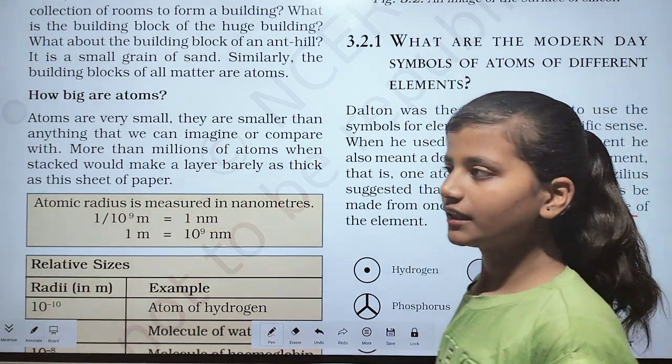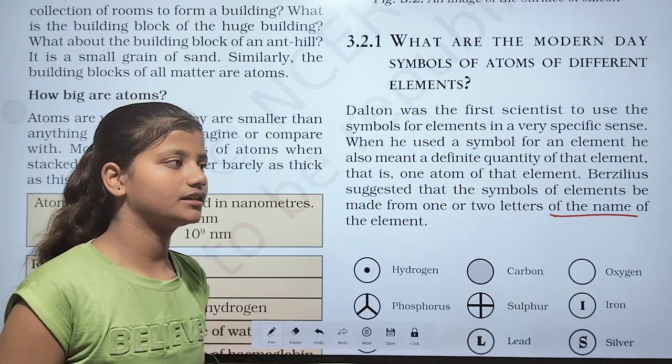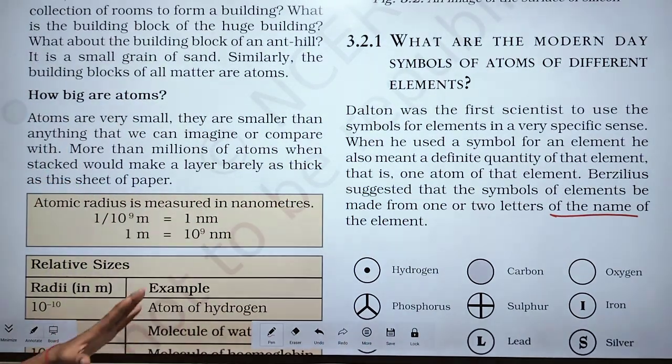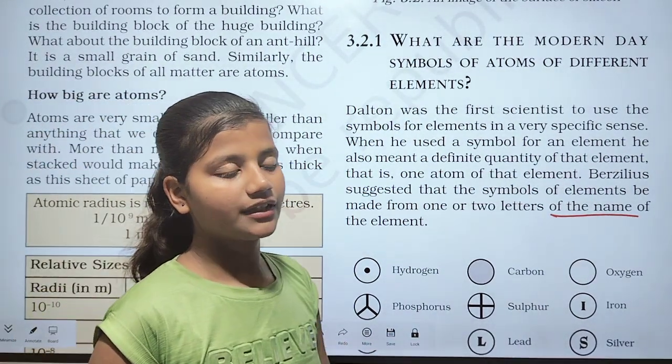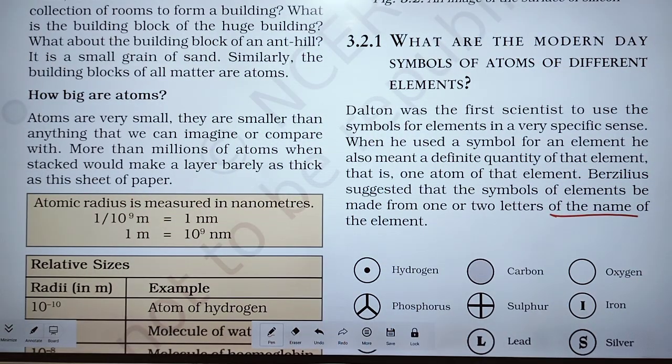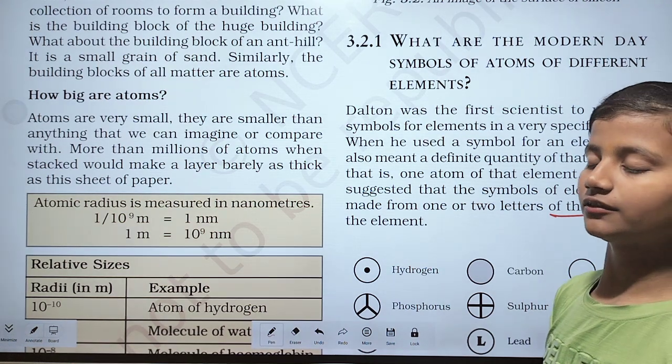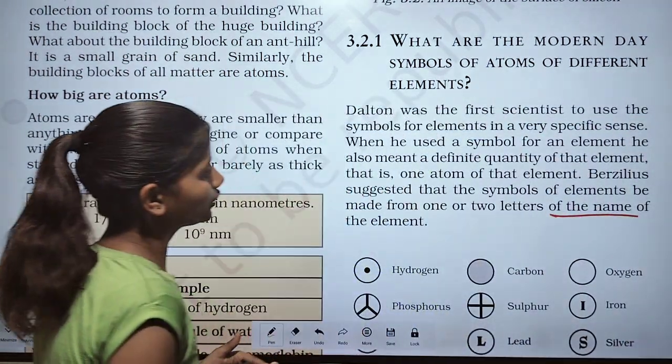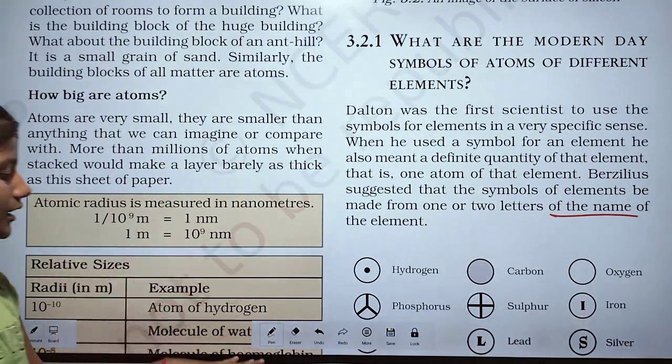It means he said that the symbol of an element is made up from one or two letters of the name of the element.